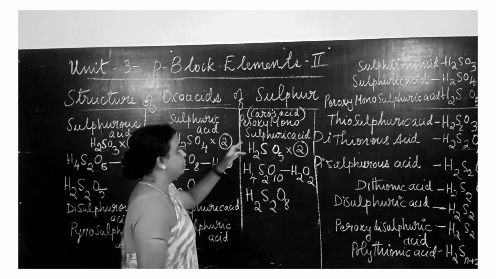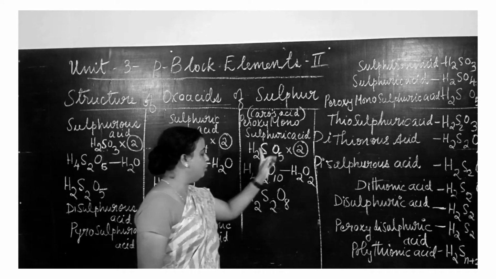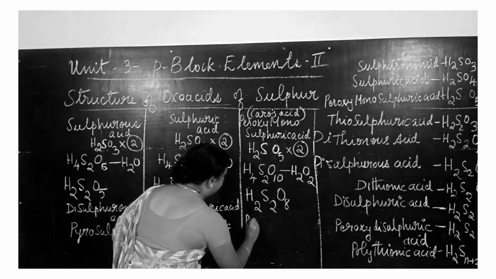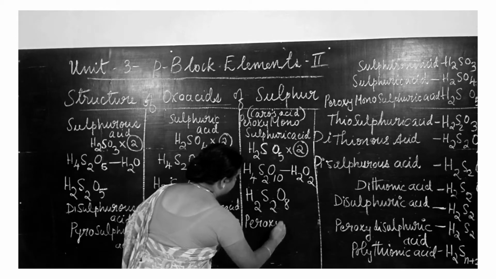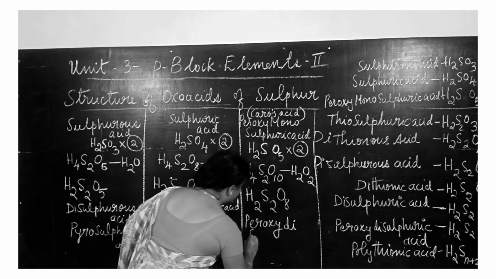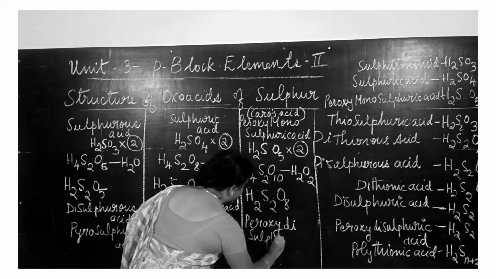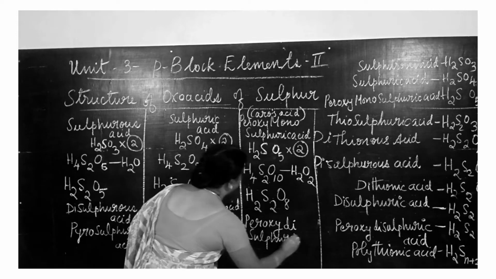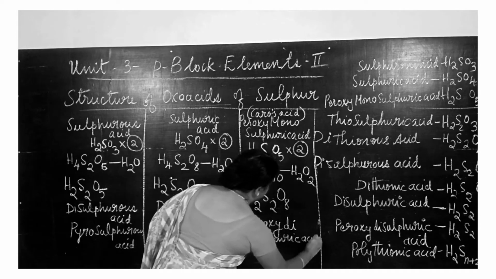Now here it is peroxymonosulfuric acid, because mono means 1. Now we are multiplying by 2, so it becomes peroxydisulfuric acid.